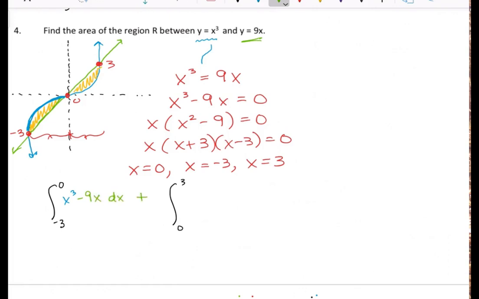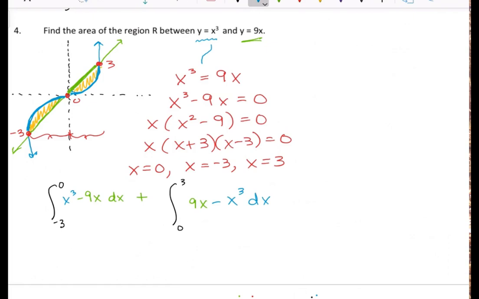And then we're going to add that to the second area, for which the line is on top. So my 9x goes first, and the x cubed is on the bottom of that area, so we're going to subtract x cubed dx.